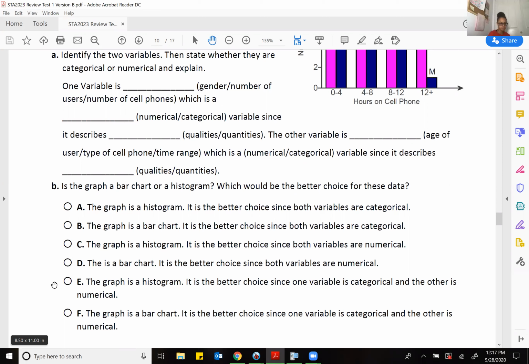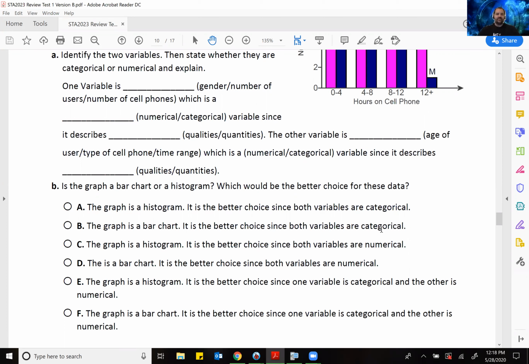B. So B, the graph is a bar chart. It is the better choice since both variables are categorical. There's no denying that. We just answered that. And bar charts are used for categorical.